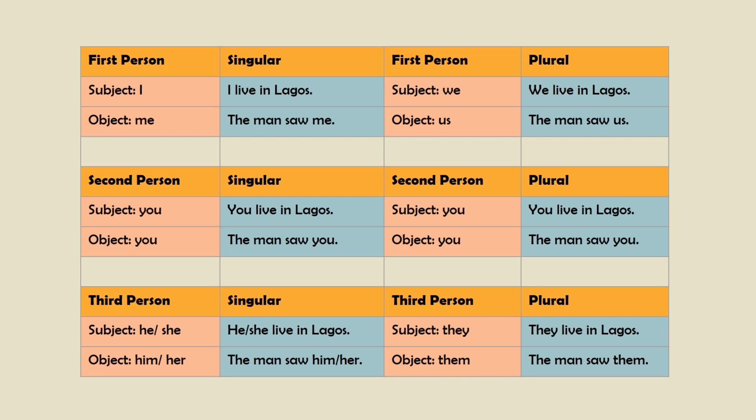In the third person singular, we have the subject as he or she, depending on the gender we are using, and the object as him or her. In the third person plural, we have the subject as they and the object as them.